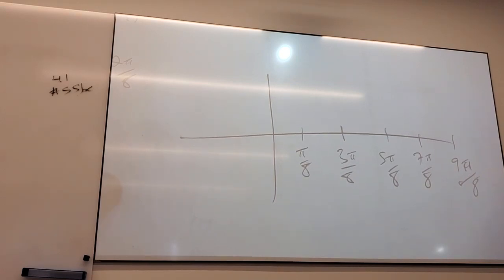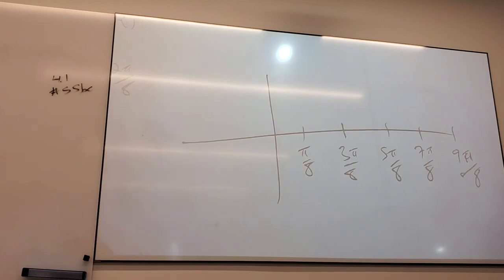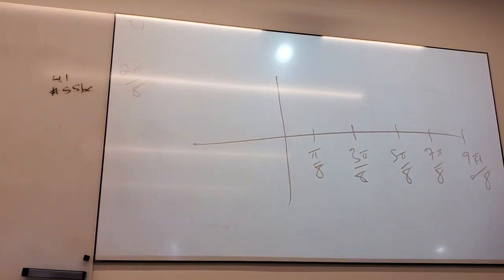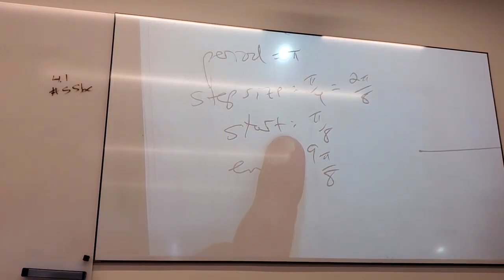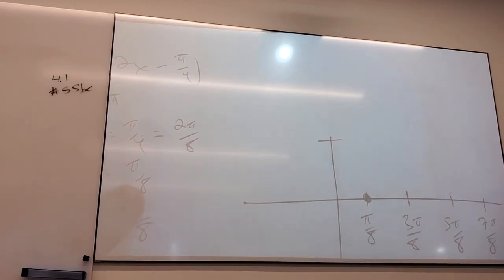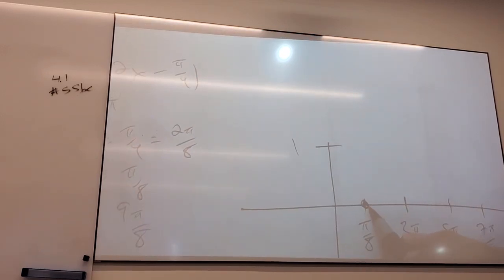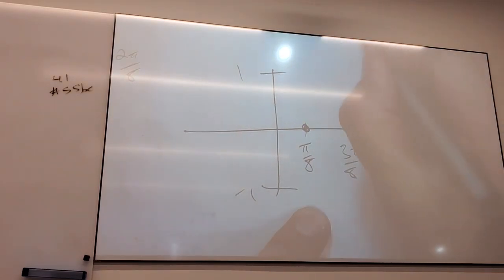This is a sine function. So where does the sine function start? Does it start at the maximum or does it start at 0? 0. So at the first step, where I begin, I start at 0. Where does it go from there? Does it go down? It goes up, right?